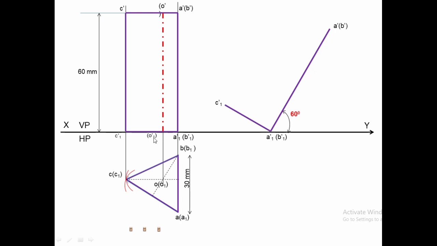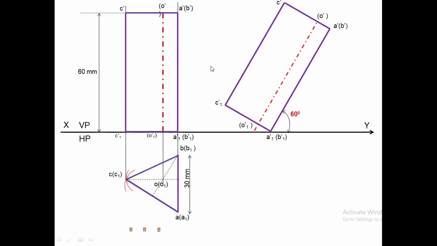Now draw the base A1B1C1 perpendicular to this lateral face, at an angle of 90 degrees, or 30 degrees with the XY line. Then mark the remaining edges. This is completed. We have redrawn it from the first sketch.